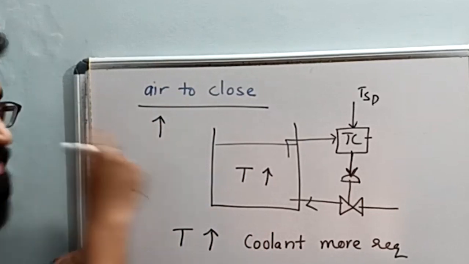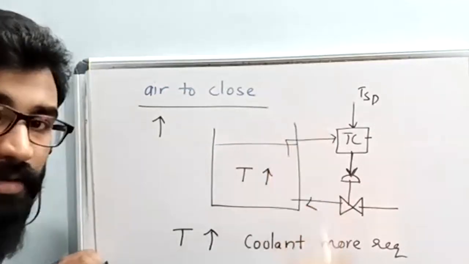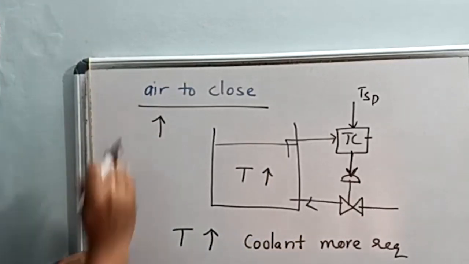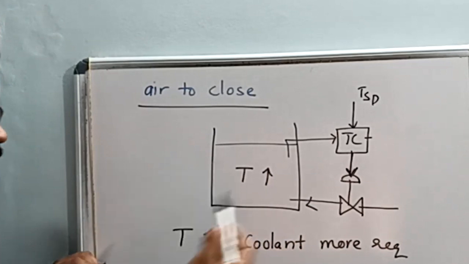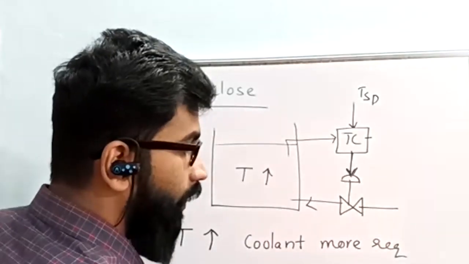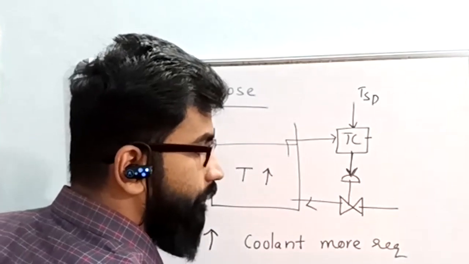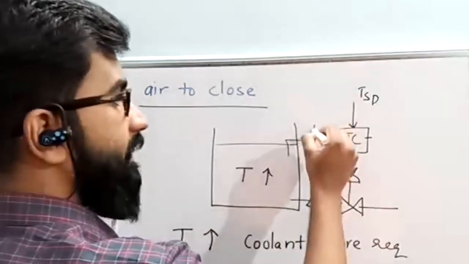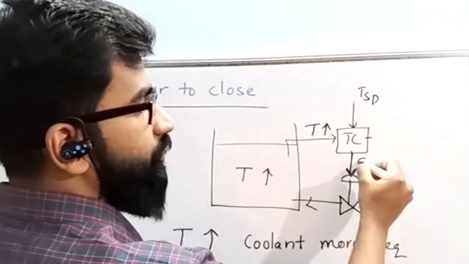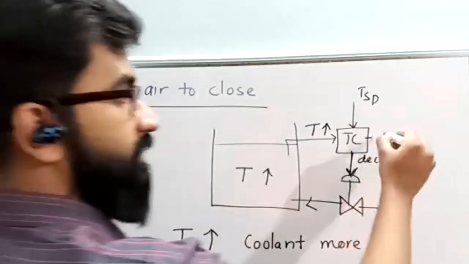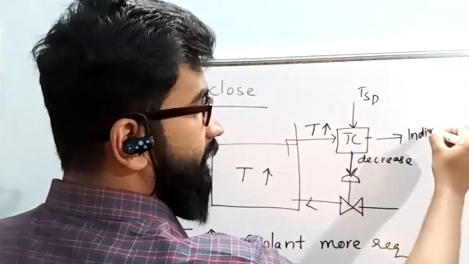If you increase the air pressure, the valve will be closed and coolant will go down. You don't have much flow rate for coolant. So we cannot increase the air pressure. We should decrease the air pressure. So then what will happen? The valve will be open, right? If you decrease the air pressure, your valve will be opened. So with an increase in temperature, the controller should decrease the air pressure. So this will be what? Temperature controller will be your indirect acting.